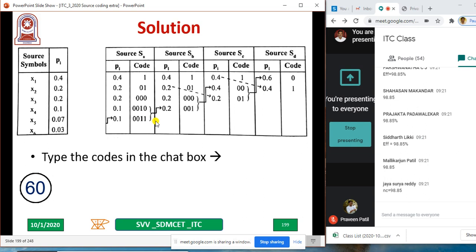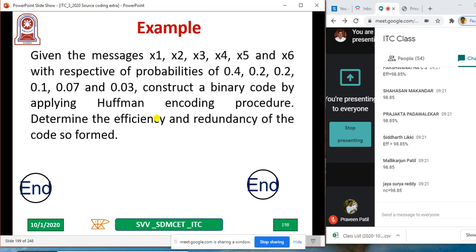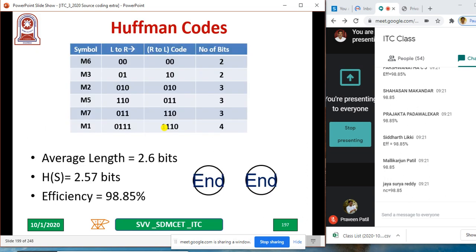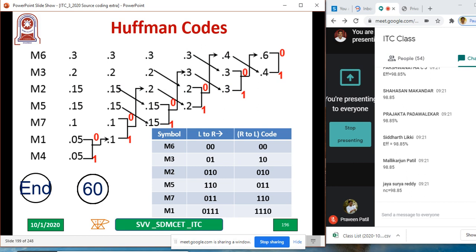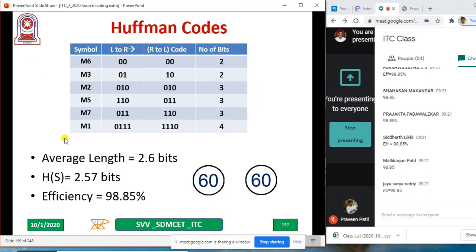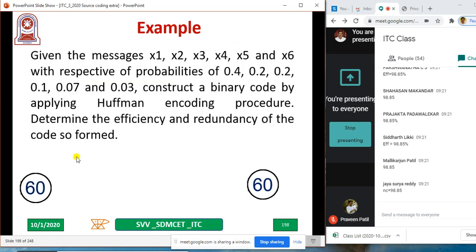And find out the code words. At the bottom two, arrange them in the descending order. Take 1 or 2 minutes to write the codes.